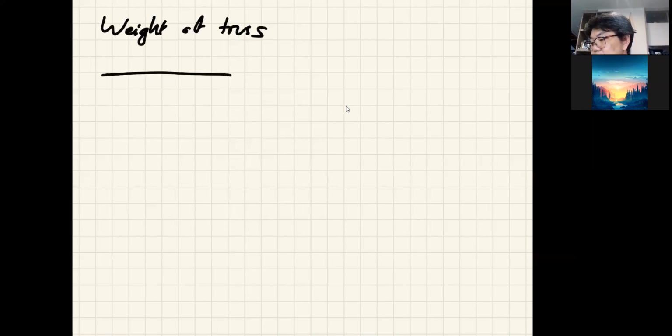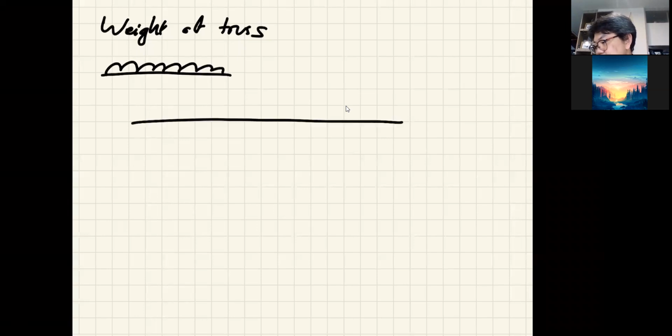Now, the next issue: the weight of the truss. Certainly, when you look at one member, the weight is a uniform load. So when we start looking at the truss, it seems like I have drawn so many pictures of the truss today.